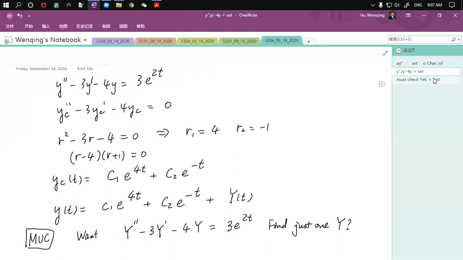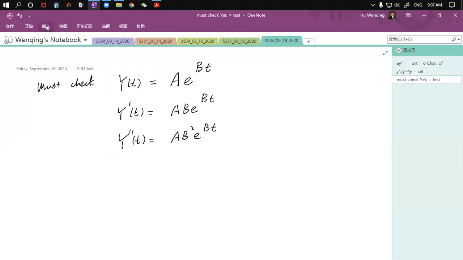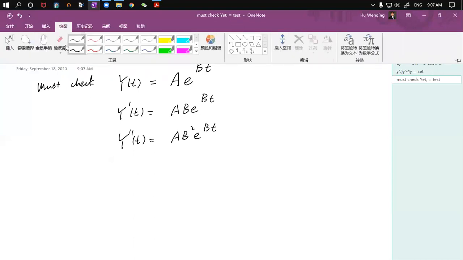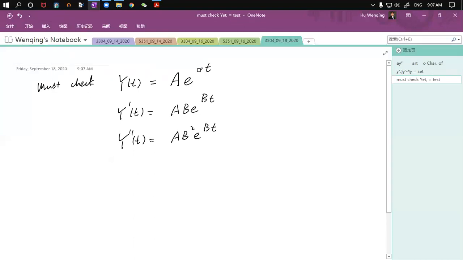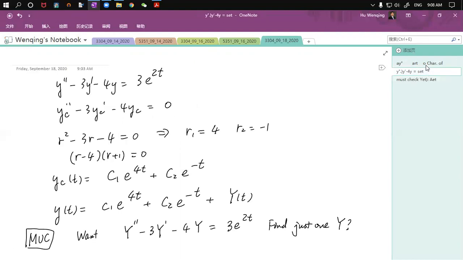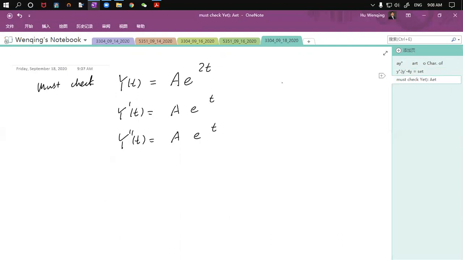So that means this checking business does not have to involve the constant b, because b must be equal to 2, because it was e to the power of 2t. That's very important. It's not just an exponential function, but the exponent in the exponential function must inherit the original exponent. So that must be a 2.